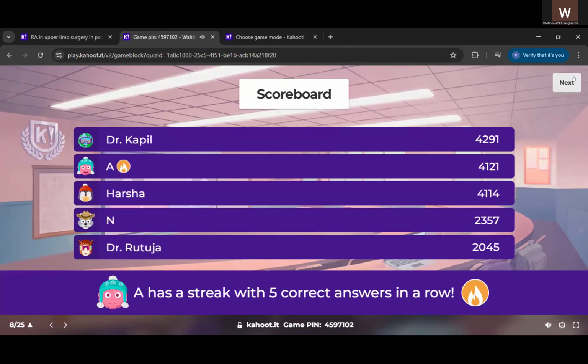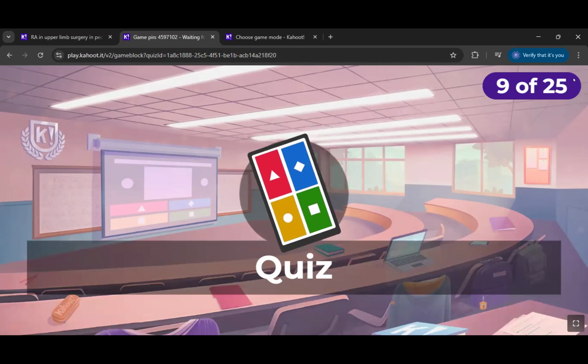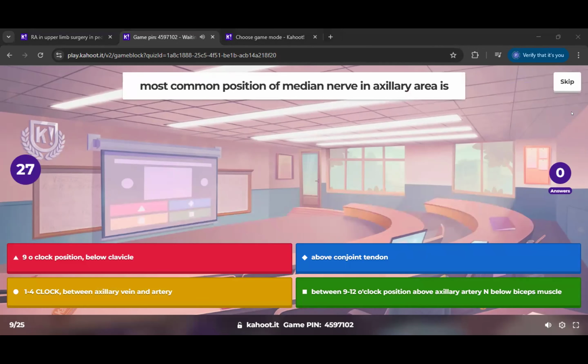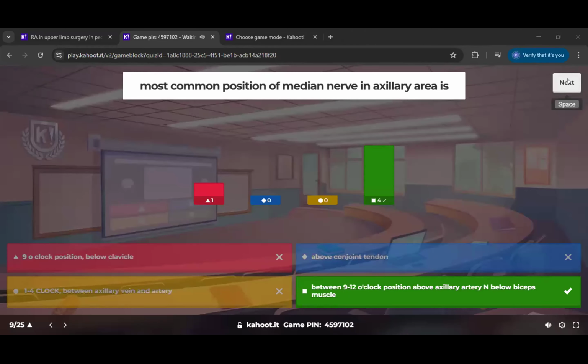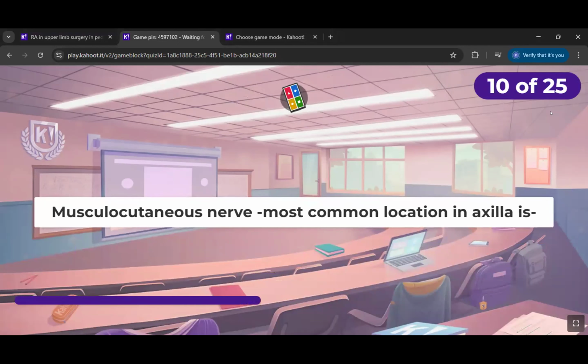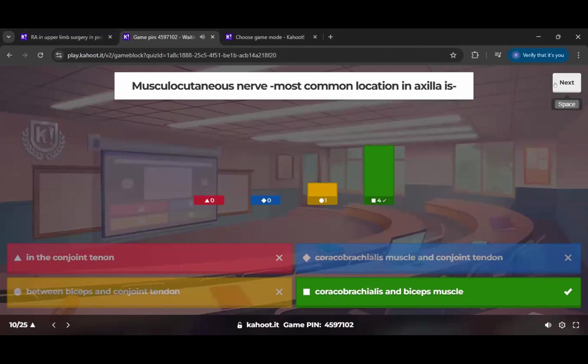Correct. Remember, it's about median nerve. Faster.